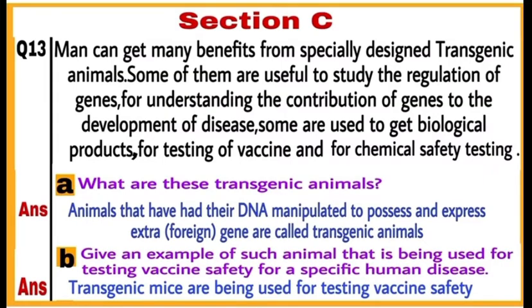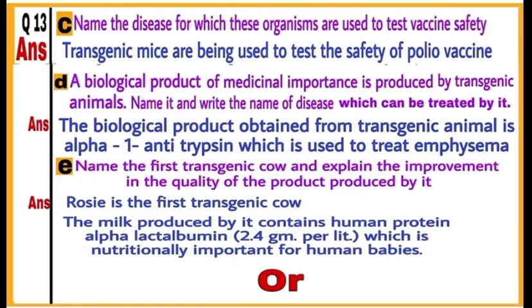Part C of question number 13. Name the disease for which these organisms are used to test vaccine safety. To test the safety of polio vaccine before they are used on humans, these transgenic mice are used.